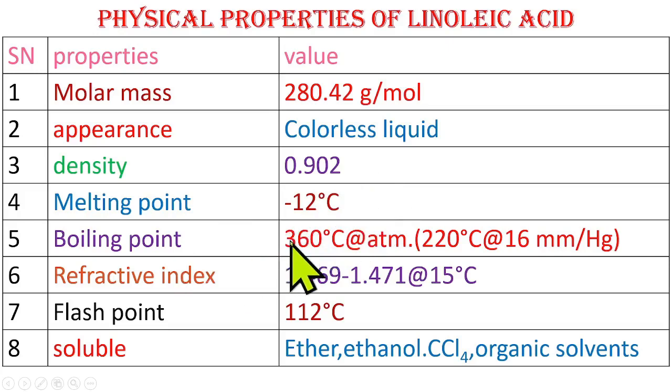Boiling point 360 degrees at atmospheric pressure, and 220 degrees at 16 mm mercury pressure. Refractive index 1.469 to 1.471 at 15 degrees centigrade. Flash point 112 degrees centigrade. And soluble in ether, ethanol, carbon tetrachloride, organic solvents.